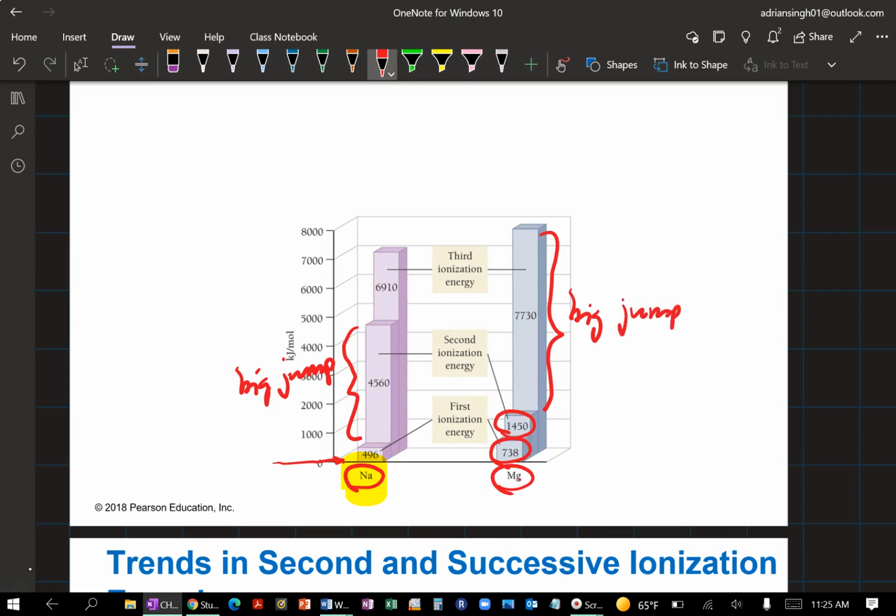Whenever you see huge jumps between ionization energies, that usually means that we're getting to the core electrons, because the core electrons are going to be way more difficult to remove than those outermost electrons. So core electrons are difficult to remove.